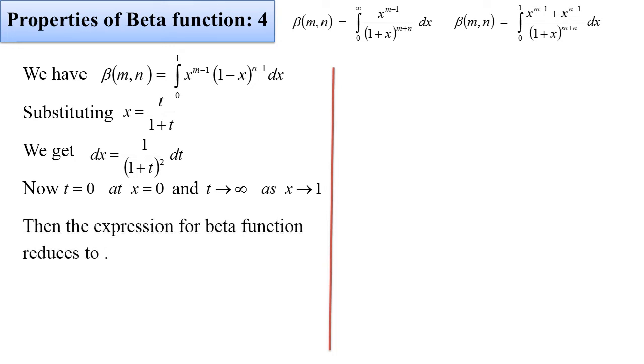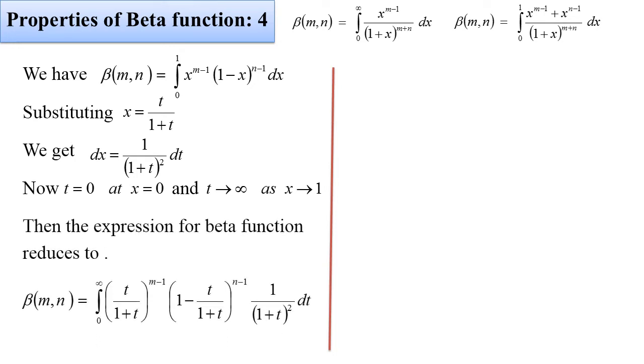Then the expression of the beta function is reduced, after putting the value x equals t upon 1+t. From here, after simplifying, we get β(m,n) equals the integration from 0 to infinity of t^(m-1) upon (1+t)^(m+n) dt. By replacing t by x, we get the integral from 0 to infinity of x^(m-1) over (1+x)^(m+n) dx.